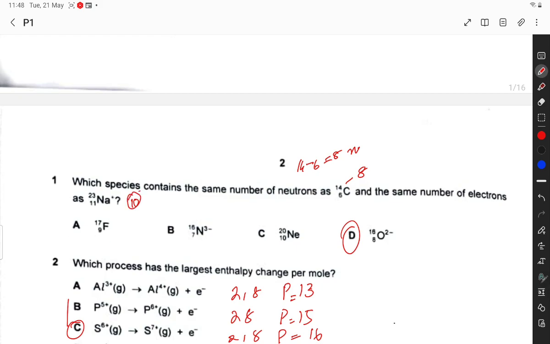So in this case, neutrons have the same number of 9 or 8 neutrons, same number of neutrons as this.